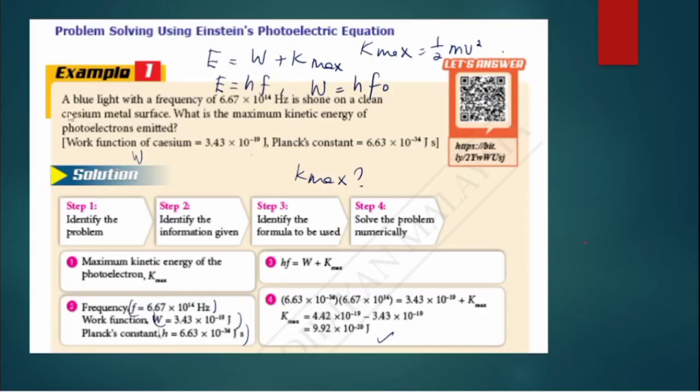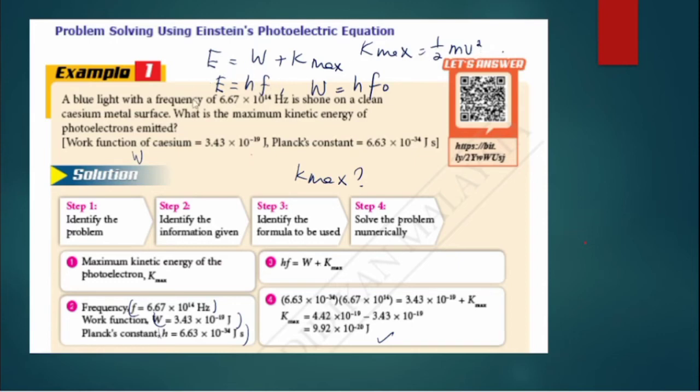Let's look at some problem solving using the Einstein photoelectric equation. Based on the Einstein photoelectric equation, we have this formula. Energy of photon E equals work function plus K max. K max is the maximum kinetic energy. Maximum kinetic energy equals half mv squared.